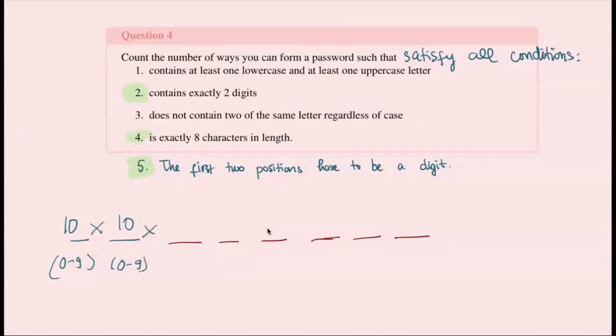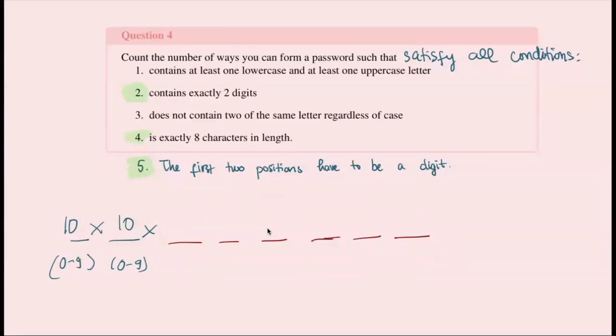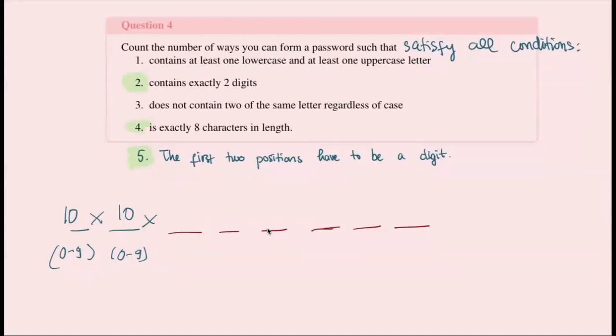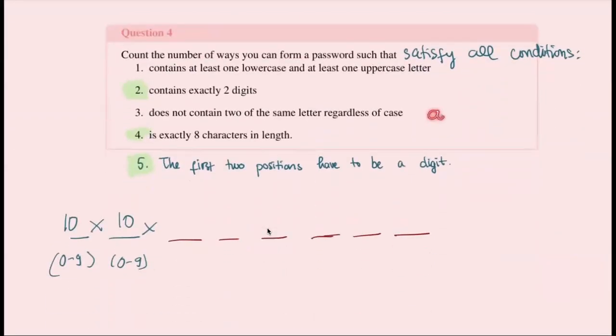And then we will multiply with the number of ways we can form the letters. It is a bit tricky here because as you see, there are 2 restrictions. The first one is that there is no same letter regardless of case, which means that lowercase a and uppercase A are not allowed to appear together.